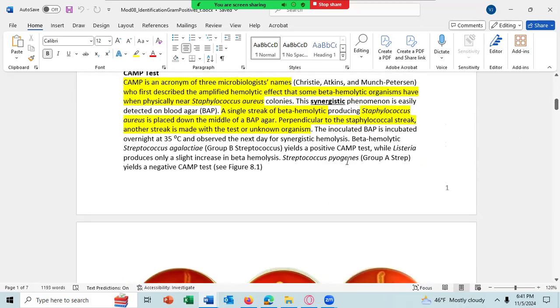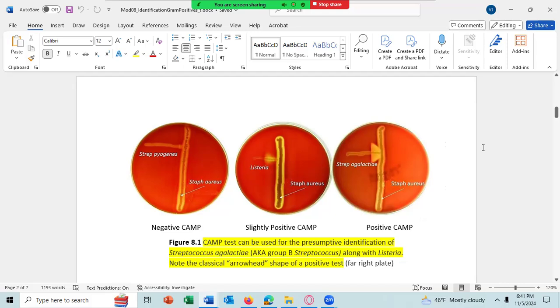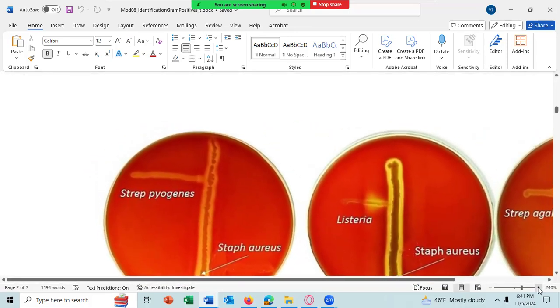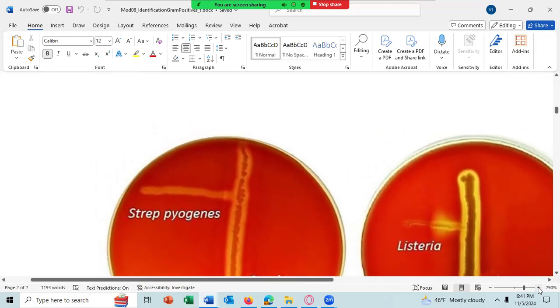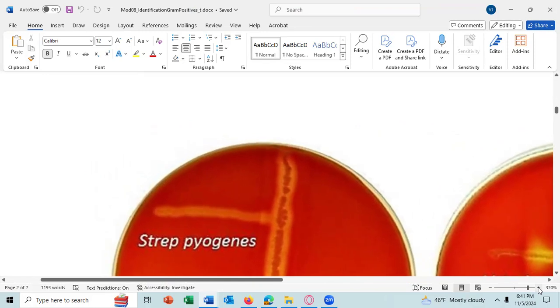You then streak, perpendicular to the staphylococcal streak, another bacteria, which is your test or your unknown organism. These bacteria should be beta hemolytic bacteria, meaning bacteria capable of performing beta hemolysis on the blood agar.